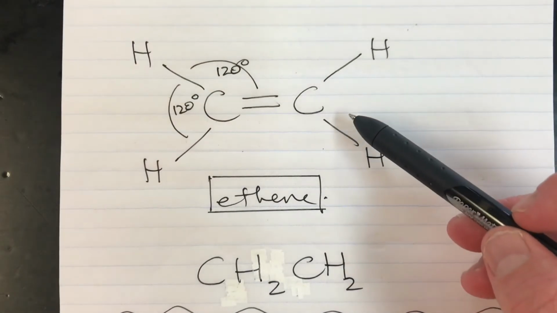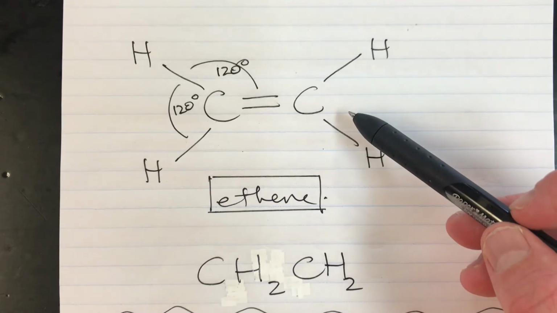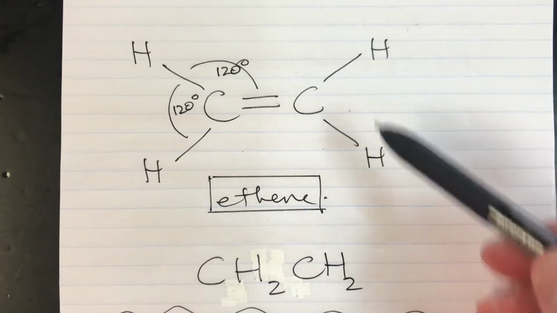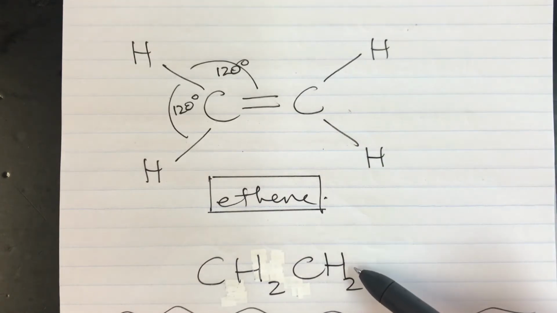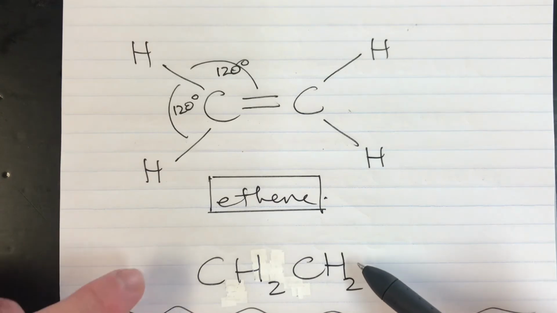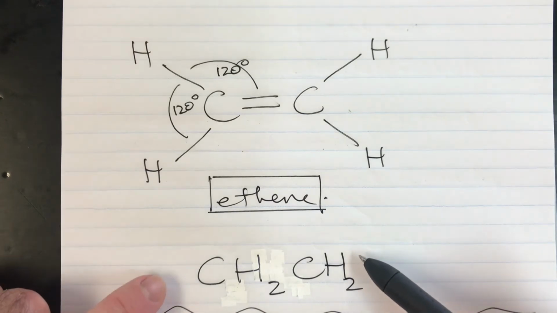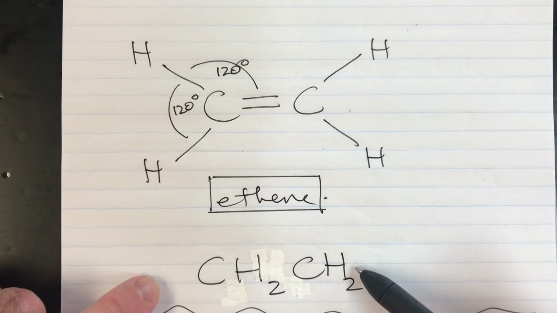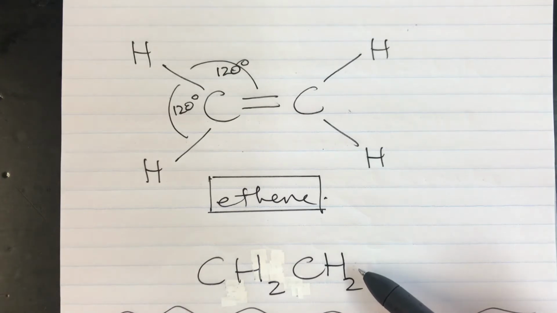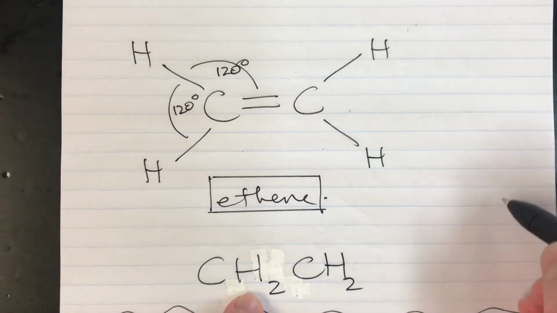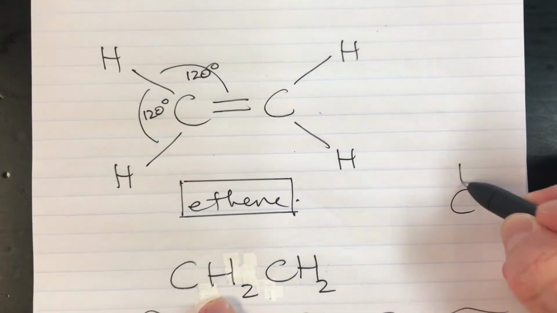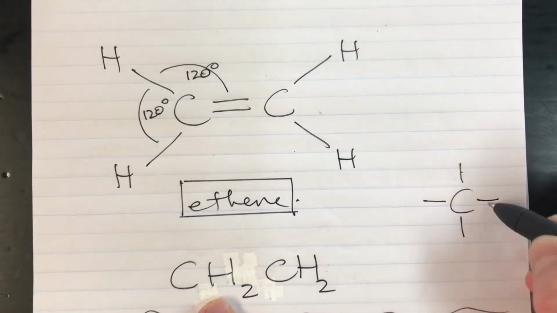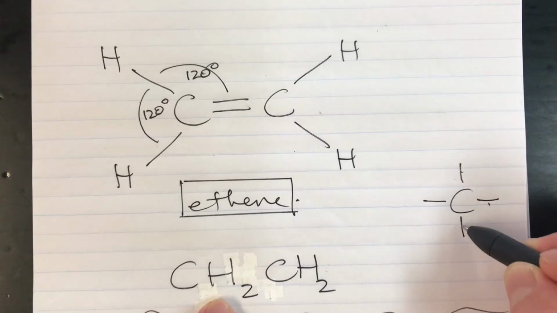this is the extended structural formula for ethene, and this is the condensed structural formula. As you can see in this condensed structural formula for ethene, it doesn't have enough atoms to account for all of the octets. Don't forget that every carbon has got to have 4 sticks going away from it.